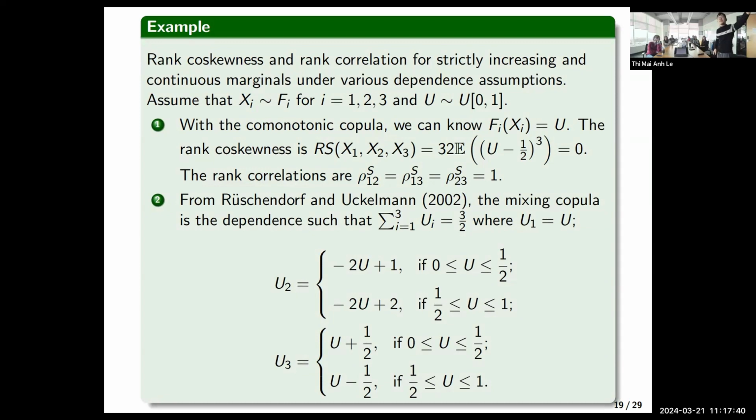The second example uses the mixing copula from Rüschendorf and Uckelmann. The mixing copula is a dependence structure such that the sum of Ui equals 3/2. When we look at these expressions, we know that U1 plus U2 plus U3 is always 3/2.